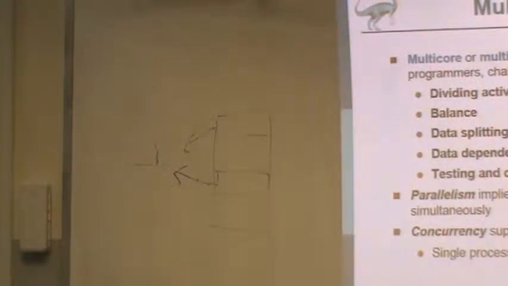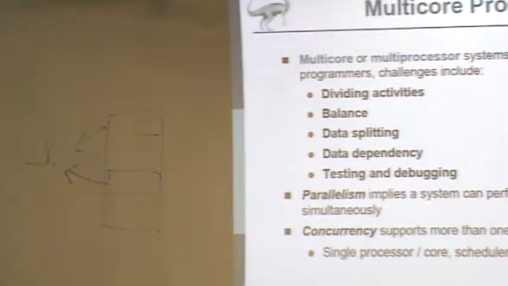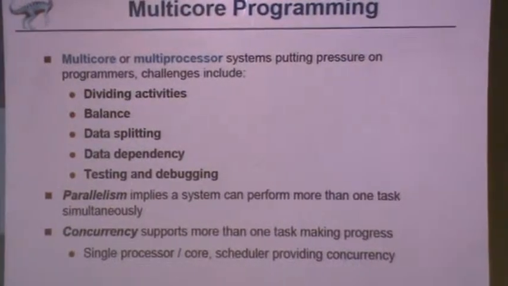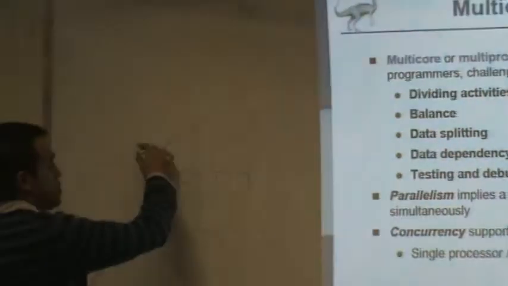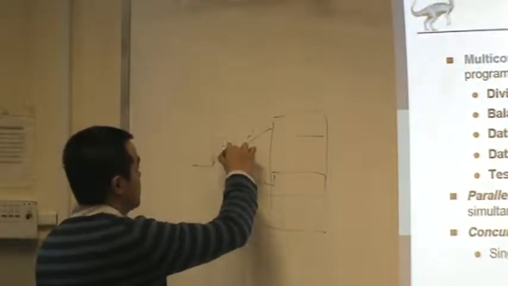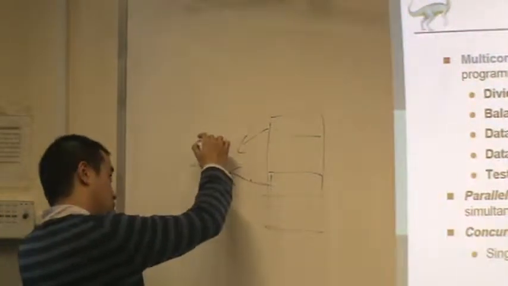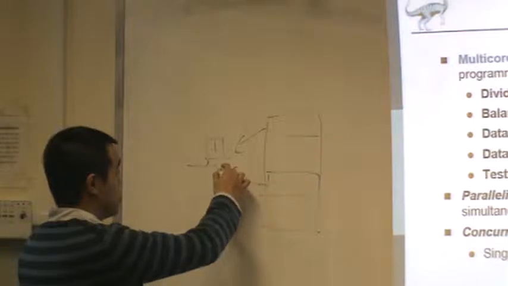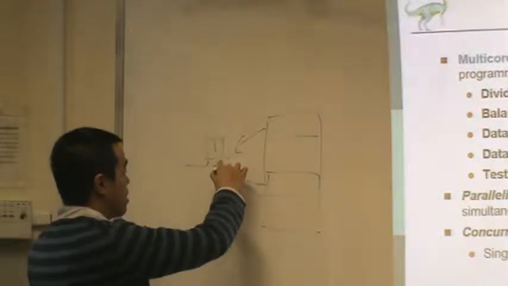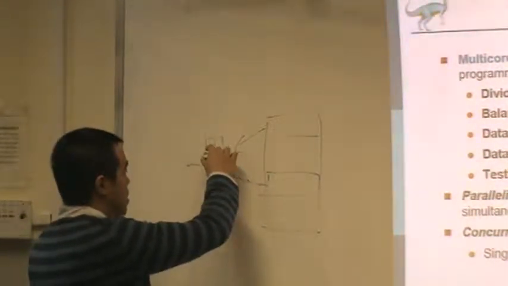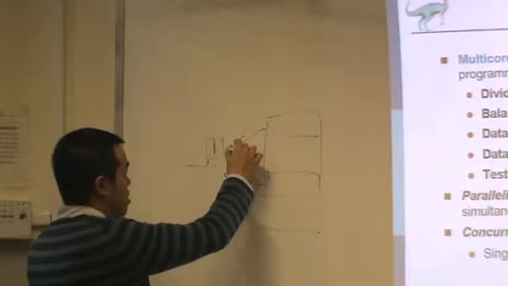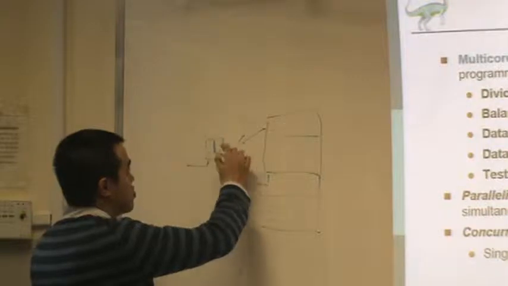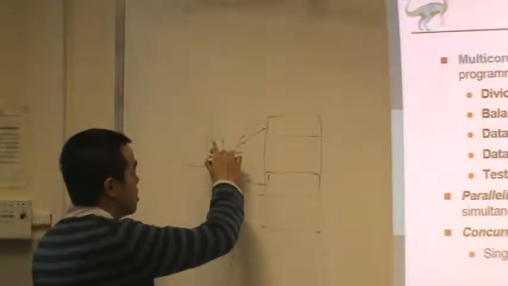Data splitting and data dependency are kind of the same, because when you want to share data, maybe one thread is changing this data to one, but another thread wants to use it.